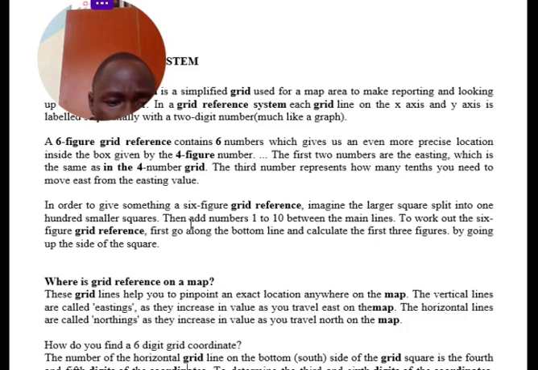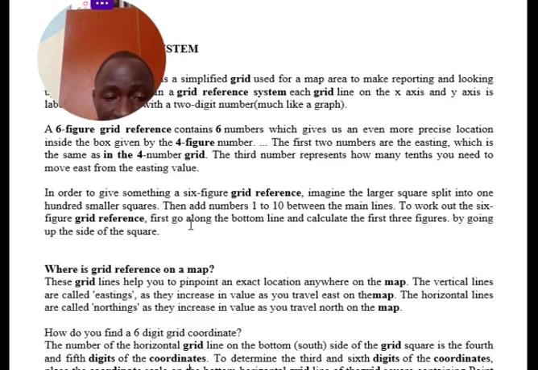They are saying the vertical lines are called eastings, whereas the horizontal lines are called the northings. So those are what we call the grid references or grid lines.